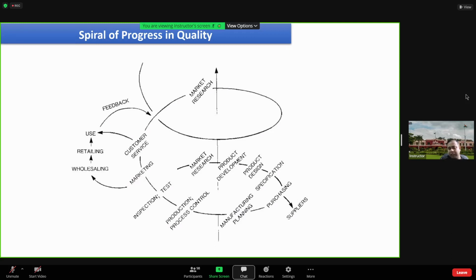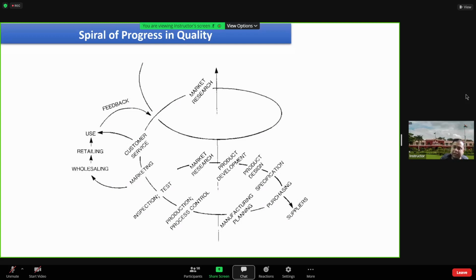So total quality function can be the term given to this spiral of activities that are being done in order to sell the product into the market, or produce the product as per the specification of the customers.